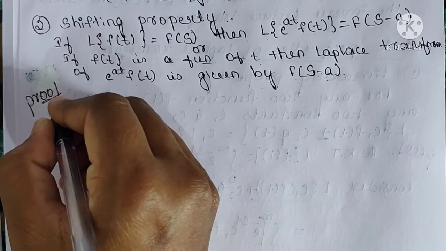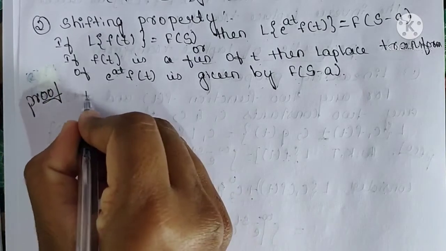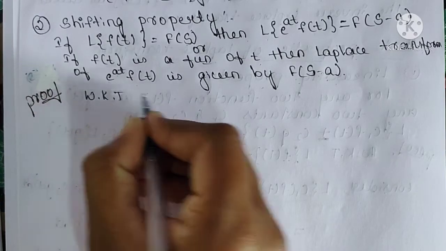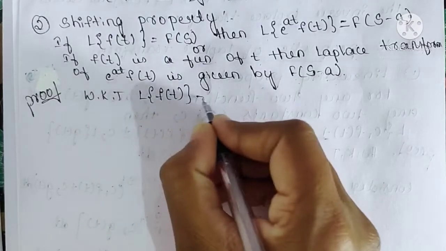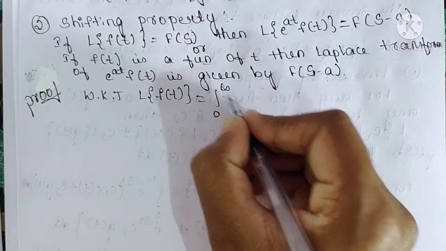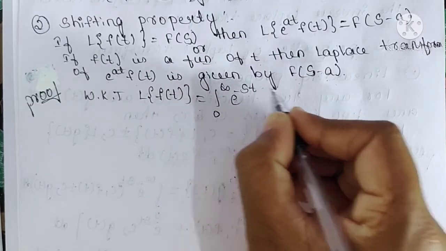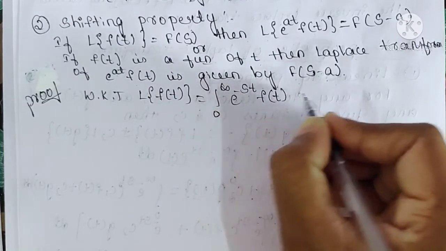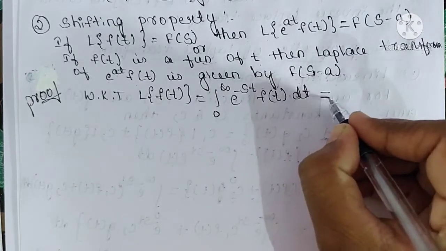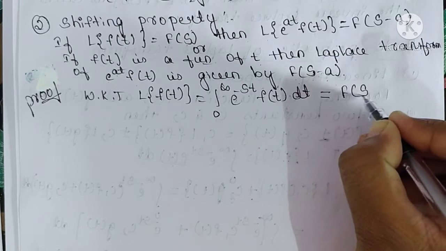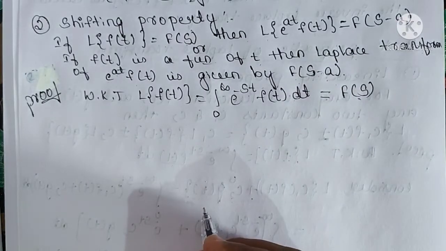By the definition of Laplace transform, we know that L of f(t) is equal to integral from 0 to infinity of e^(-st) f(t) dt. This we can also denote by F(s), we can also write that.